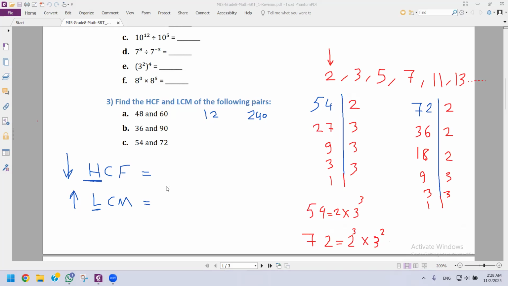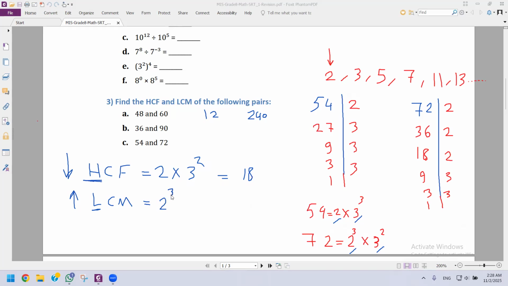Okay, now we compare them for the highest common factor. As we said, we pick the lowest. 1, 2, or 3 of it. 1, 2. Then 2 of the 3 or 3 of it. 2 of it. So 3 squared is 9 times 2, 18. Then we pick the highest for the least common multiple.